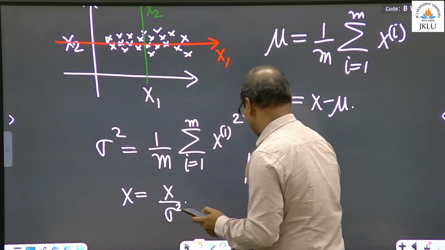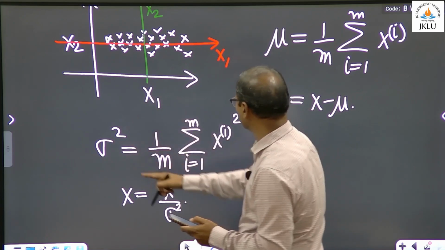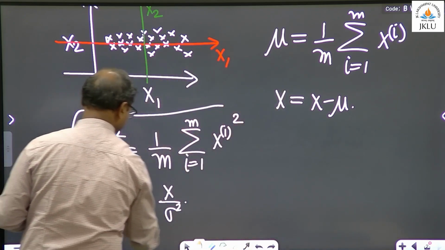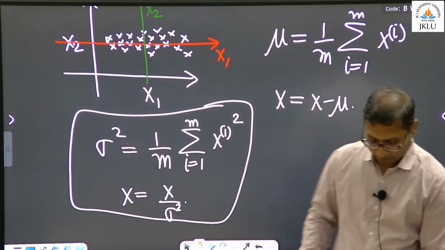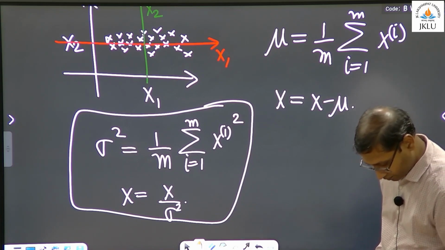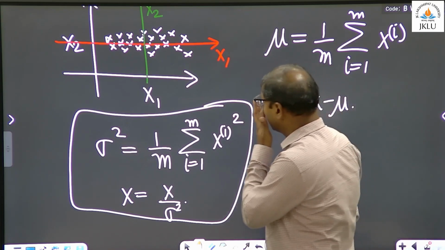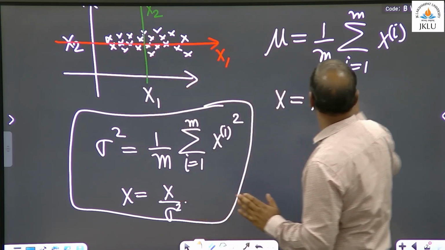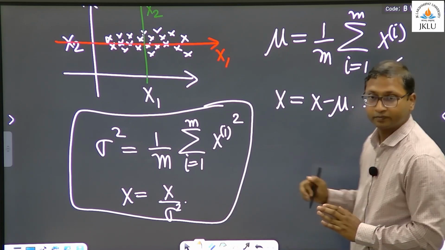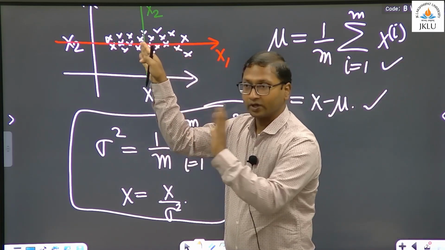What will be the effect of this particular thing? Right now you have just shifted the coordinates here. This thing was done by this step. You just shifted the coordinates there.